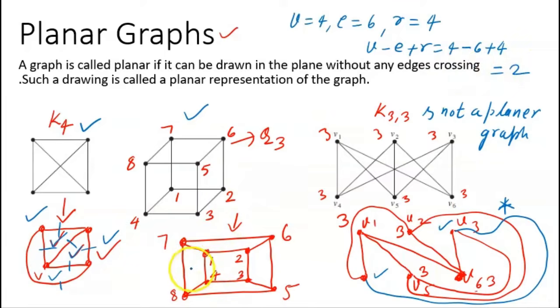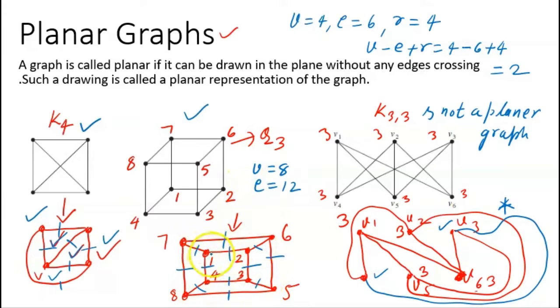If I verify for this, how many vertices are there? The number of vertices is 8. How many edges are there? We know that there are 12 edges. I hope when you attended the previous lecture or the previous video, you might be aware. So 1, 2, 3, 4, 5, 6, 7, 8, 9, 10, 11, 12.